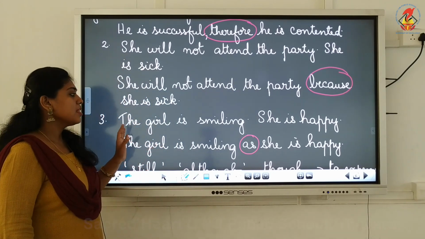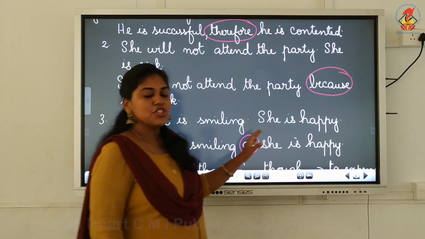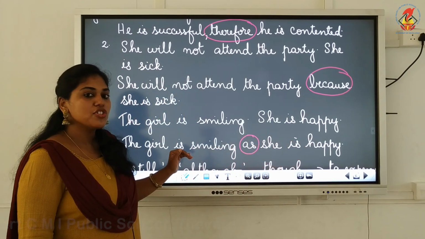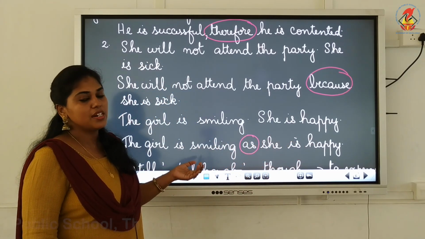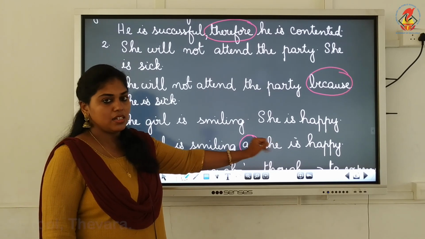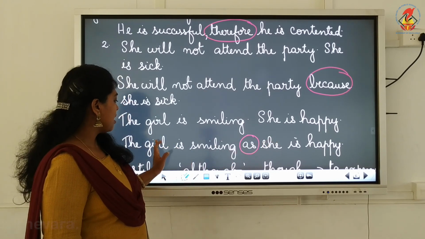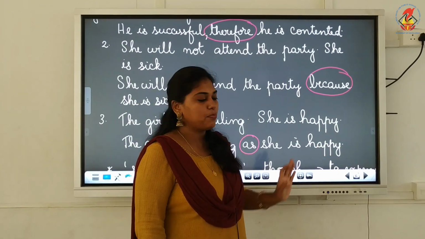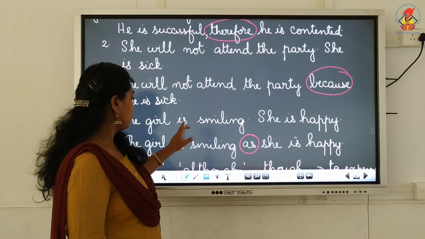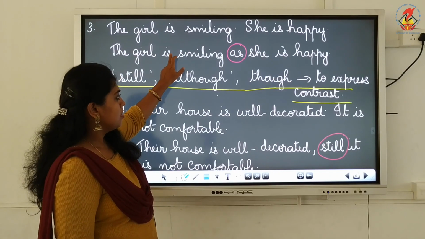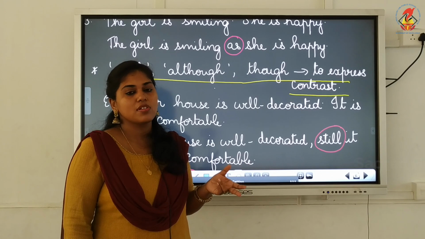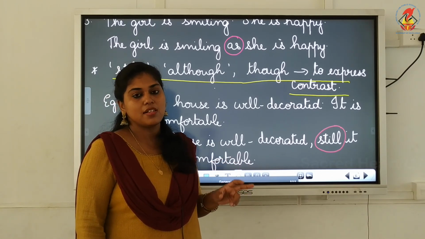Third sentence: the girl is smiling, she is happy. So here how do we combine, children? Because we are giving a reason here, we will write it as: the girl is smiling as she is happy. So these are the three conjunctions which almost mean the same thing.